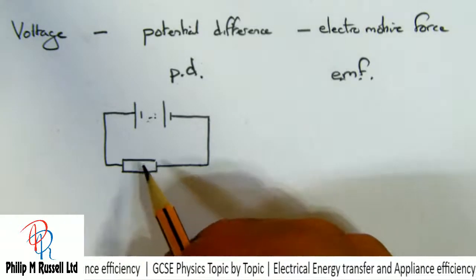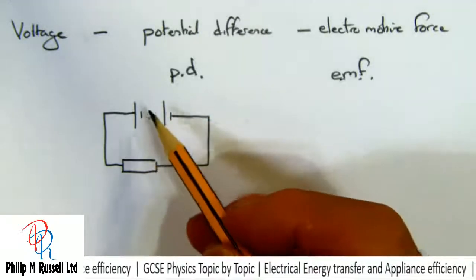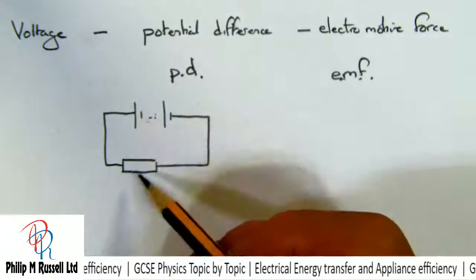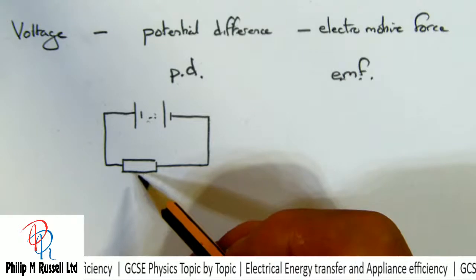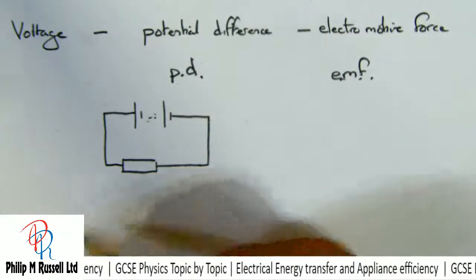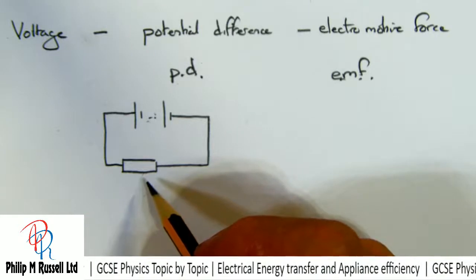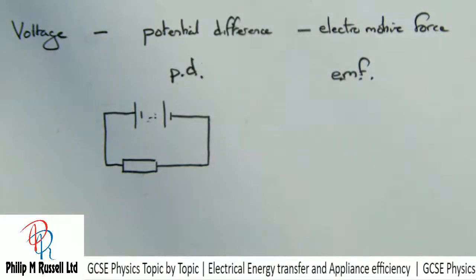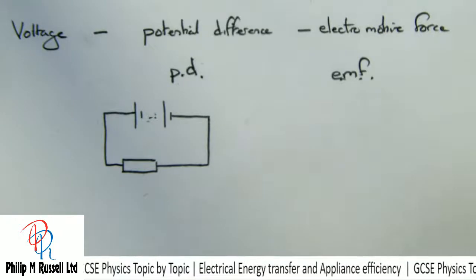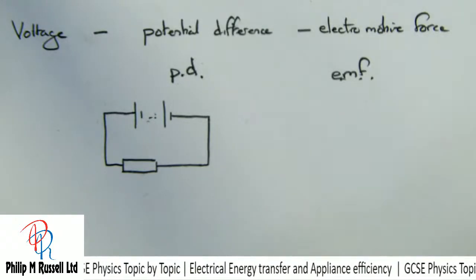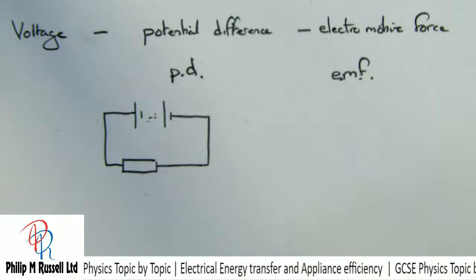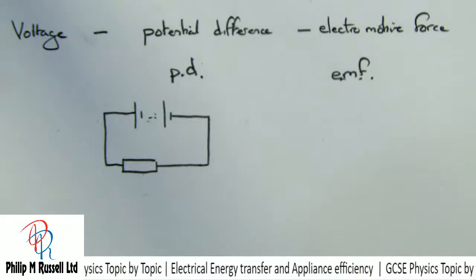In this way, we're transferring chemical energy in the battery to thermal energy in the resistor. So, when charge flows through a resistor, energy is transferred to the resistor so that this resistor becomes hotter.